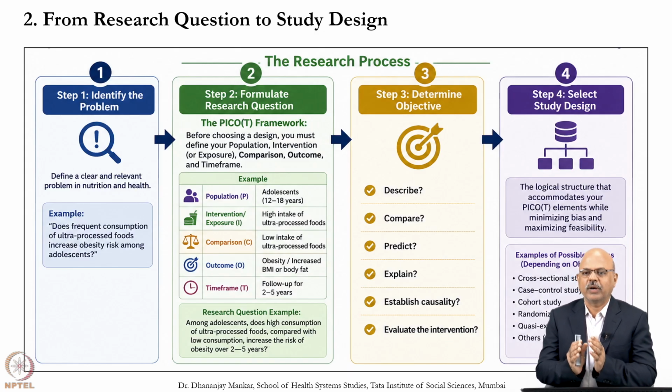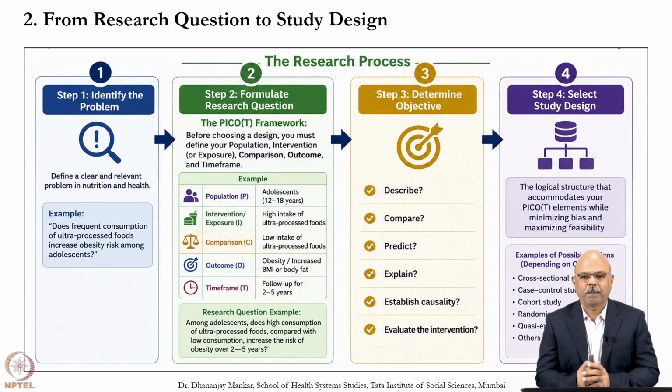Now you will study the design and select a proper design for your study. The selection of study design is a logical structure that accommodates the PICO framework elements while minimizing the bias and maximizing the feasibility. So the lesser the bias and the greater the feasibility, the more accurate and perfect study design you will have.